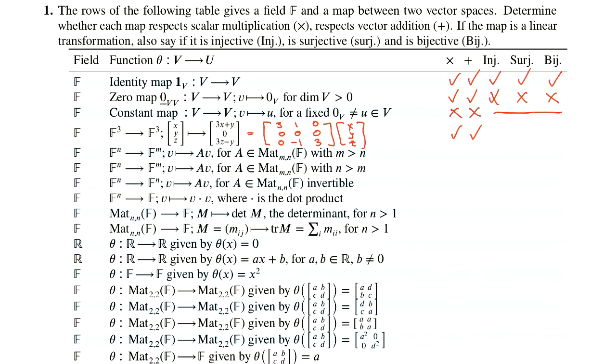Yeah, probably not. I mean, it's got a kernel, right? It maps 0 to 0, but it also maps 3y, y to 0. So no, it's not injective, e.g. That's because the kernel is not equal to just 0.